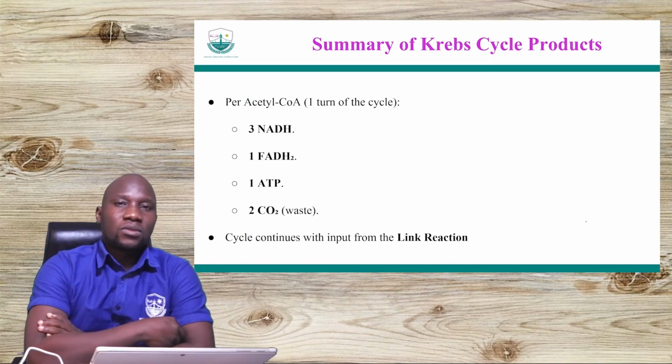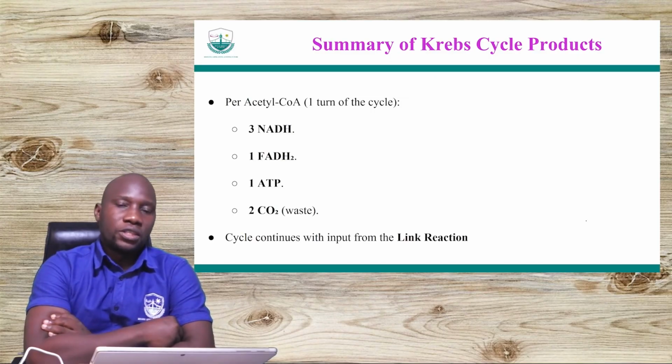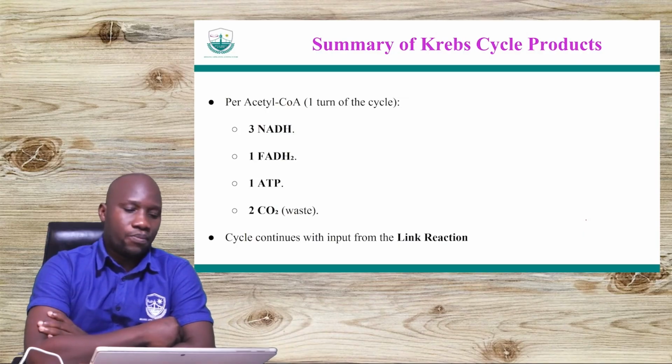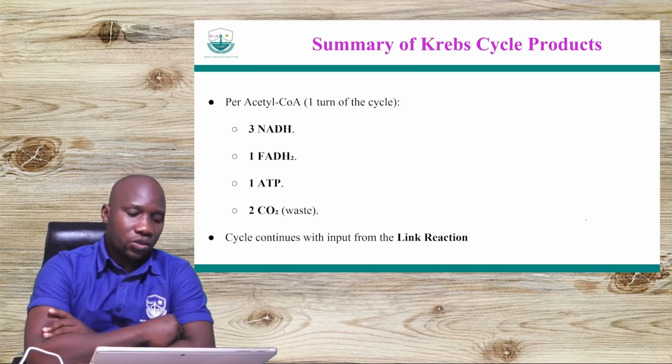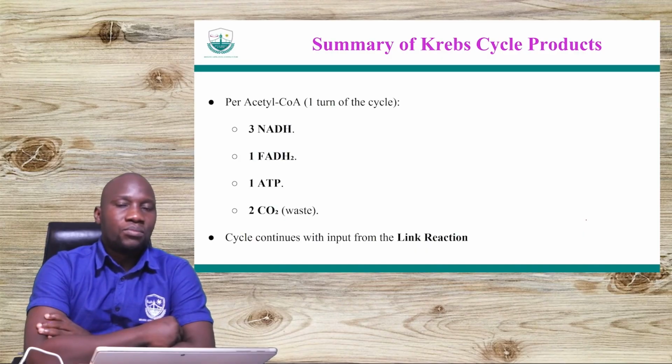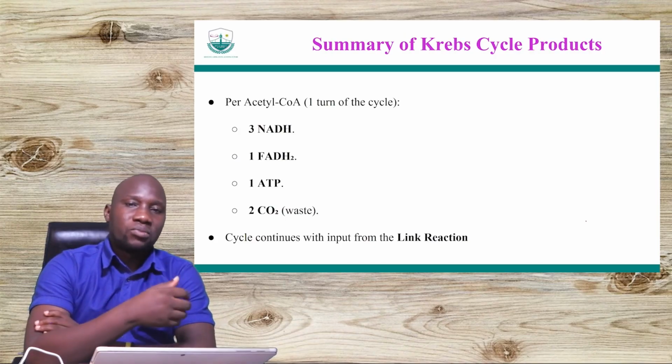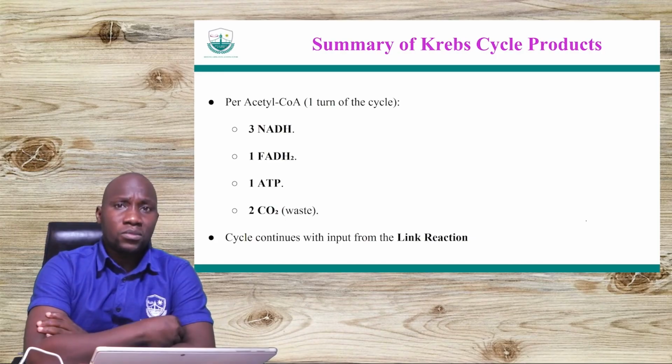We have seen that coenzymes NAD and FAD are being used, and in this case they get reduced. So for every cycle you have 3 NAD being reduced, 1 FAD being reduced, 1 ATP molecule being produced, and then 2 molecules of carbon dioxide given out through the Krebs cycle.